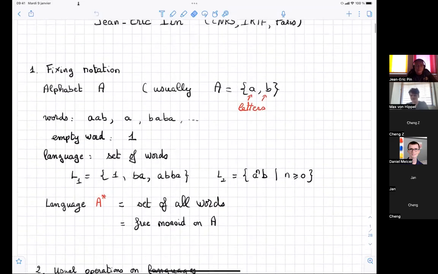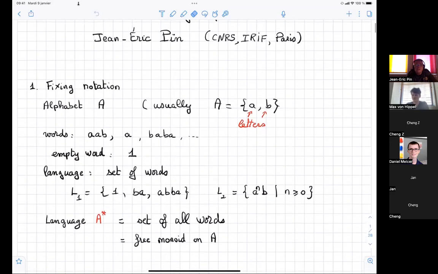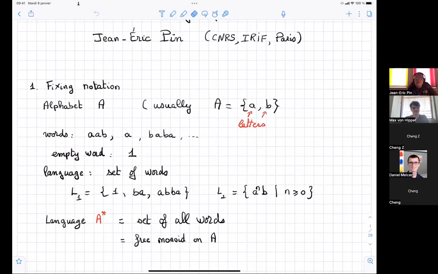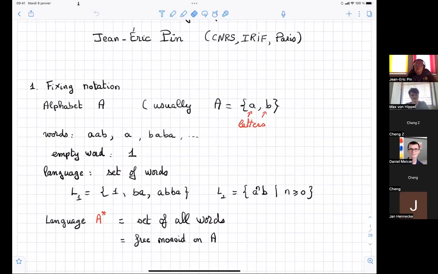So to start, I would like to fix some notation. I use notation for words, letters, alphabet, which is on the screen. The alphabet is A, as in alphabet. In this lecture, I will use mostly a two-letter alphabet with a, b. And the words, you can see some examples, a, b, a, b, a.